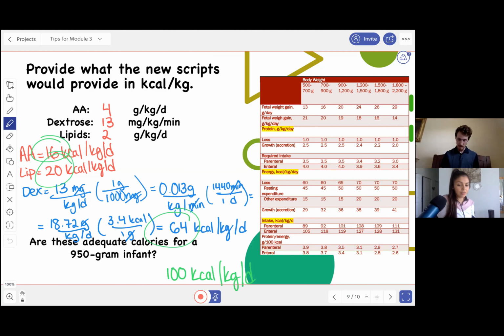We're looking at this column here, going straight down to the parenteral. We need 101 calories per kilogram per day for this infant, and we're at 100. So we're very close, not far off at all. And I think that was a great way of changing the script in response to what the baby's triglyceride levels were. Yeah, hopefully it helps.